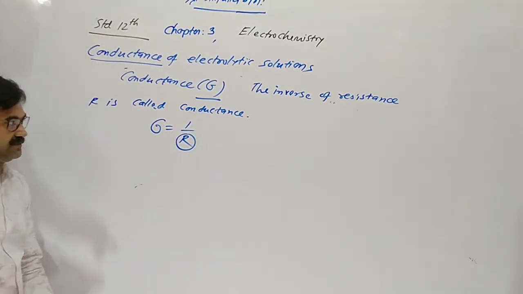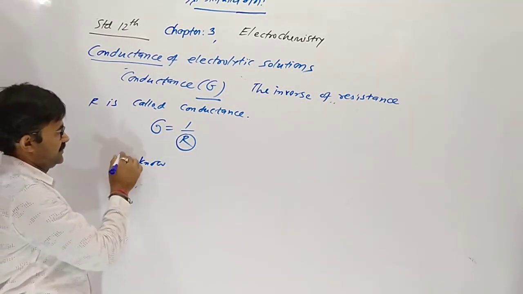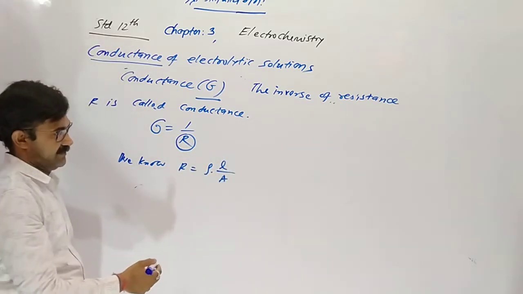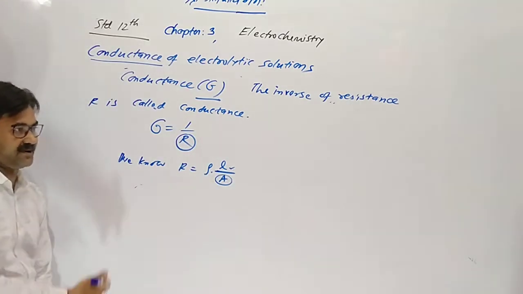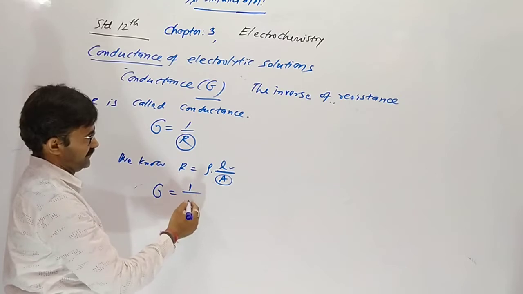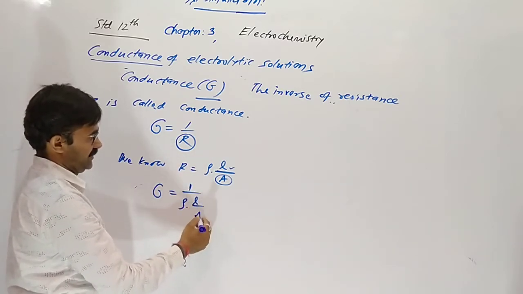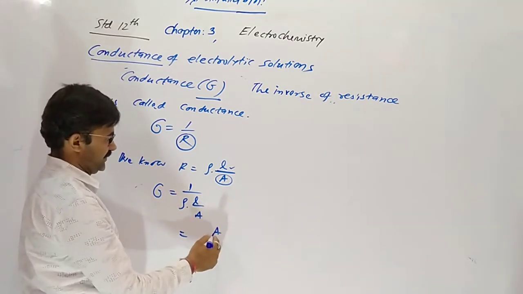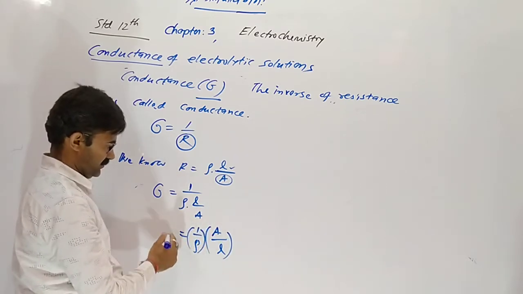So G is equal to 1 upon R, and we discussed that R is equal to rho into L upon A. L is the length of the wire, A is the cross section area. Putting the value of R as rho into L upon A, A upon L comes here, and here 1 upon rho.